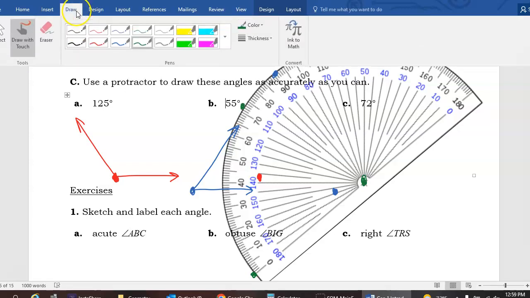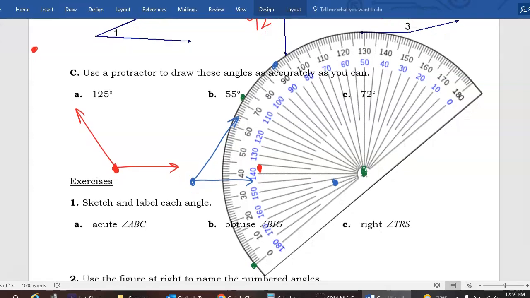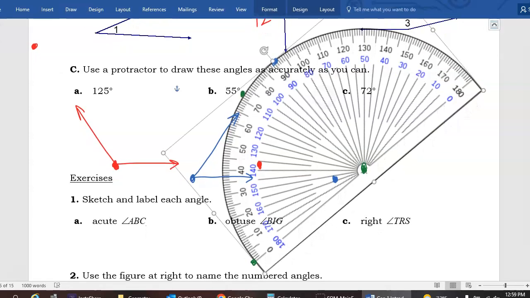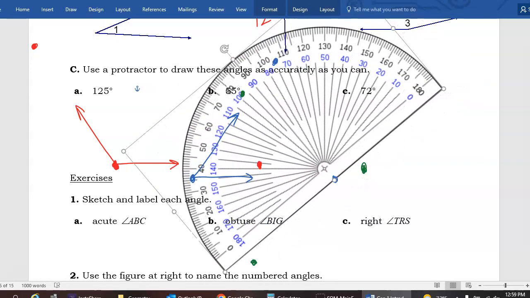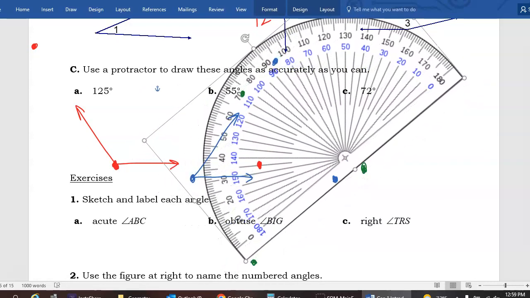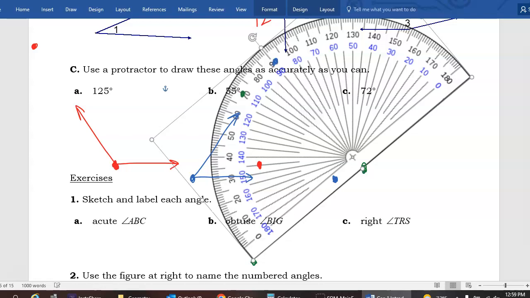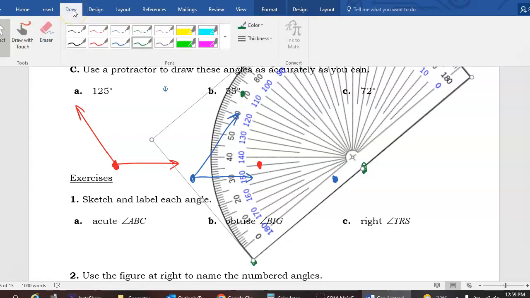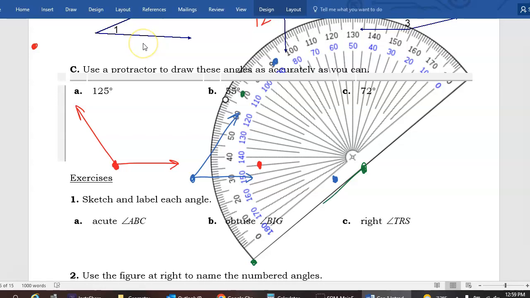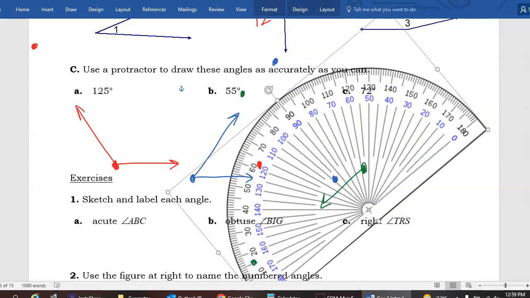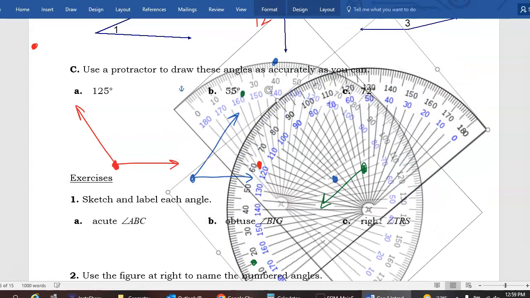And then we can use our straight edge right here to draw our first ray. And then I'm going to give him a little turn.